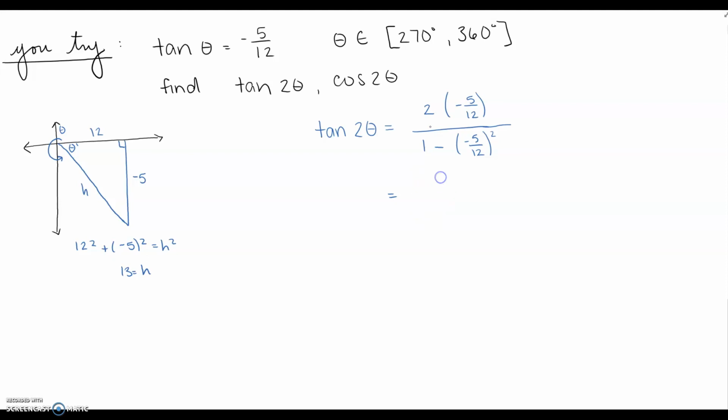Let's do that. Negative 5/6. I'm going to rewrite my division. So 25/144. So then I have negative 5/6 divided by 144 minus 25. Flip and multiply.